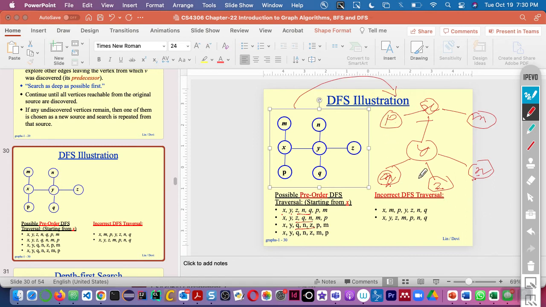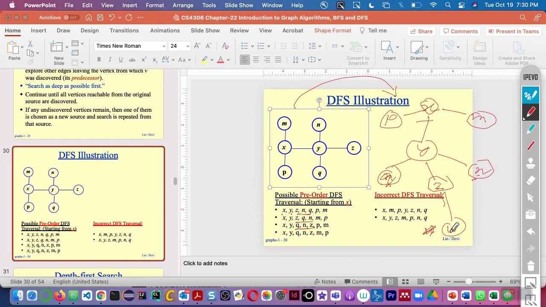Then as much depth as we have, if you have another one, for instance W over here, then after G you need to go to W, right?